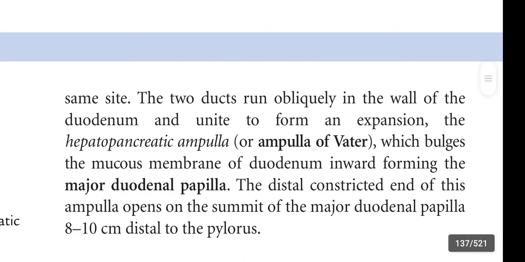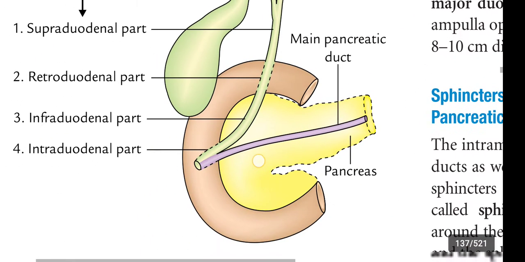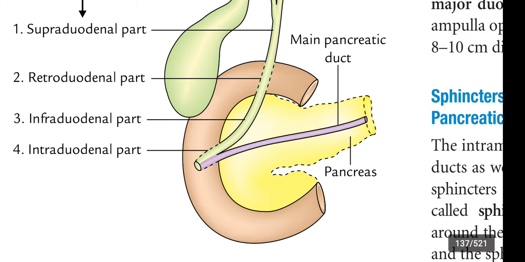The two ducts, this bile duct and main pancreatic duct, run obliquely.